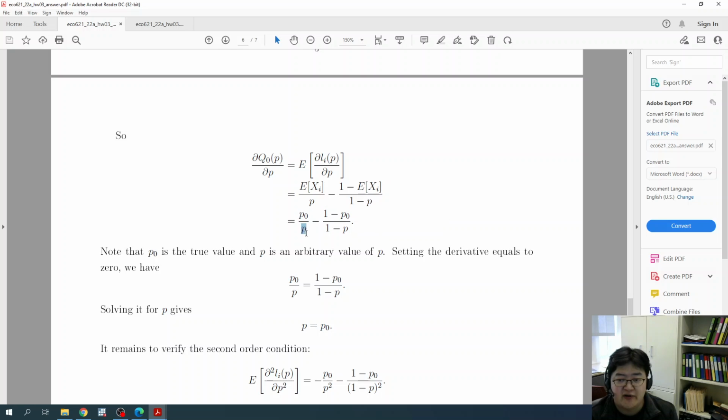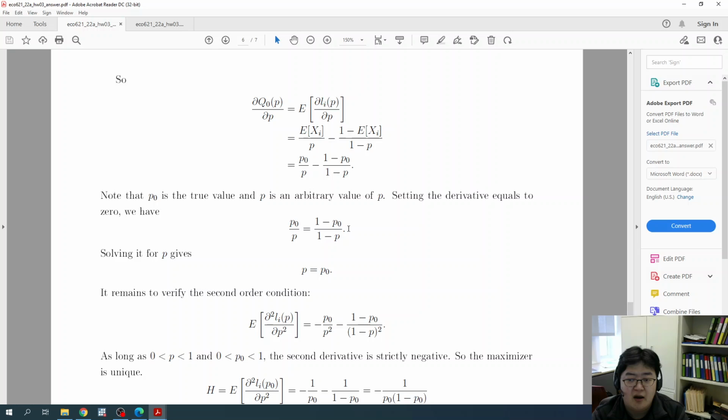True value, arbitrary value. So this should be 0, and its solution is simply p equals p0. I believe you know how to solve this out.